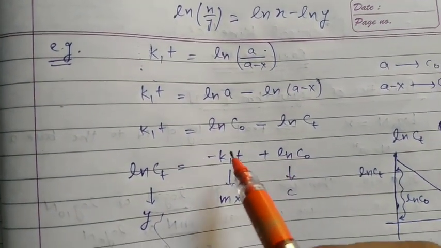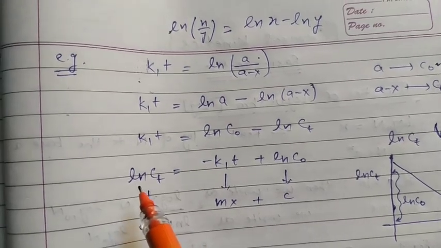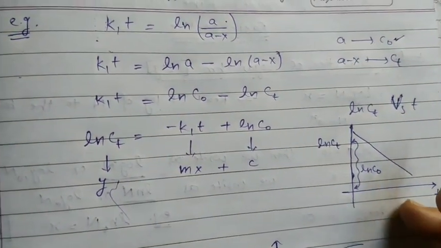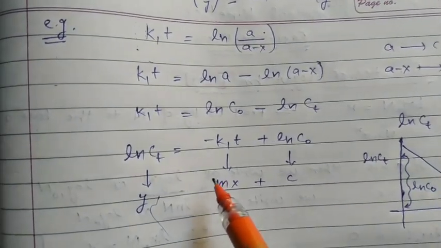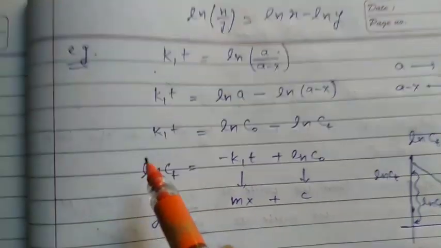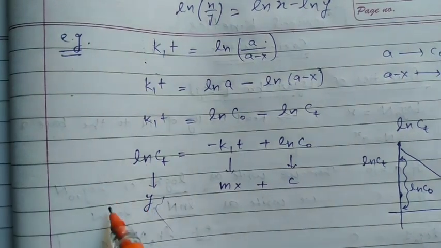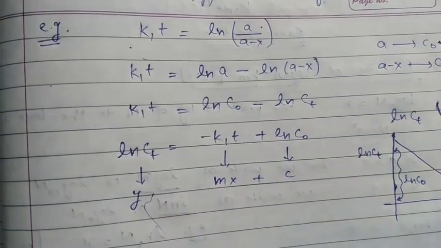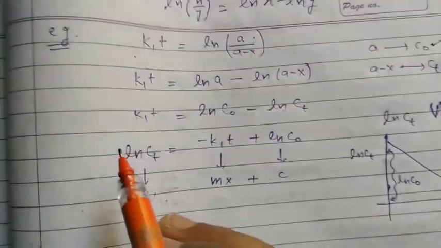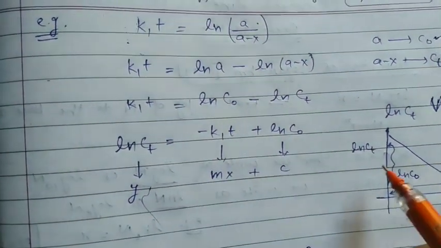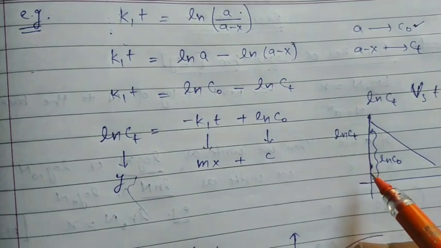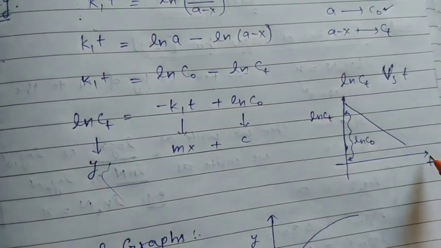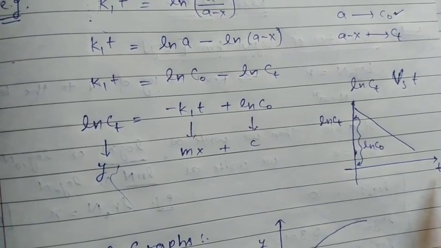Now we have to draw the graph between ln ct and t. So now we can compare this equation with the straight line equation y is equal to mx plus c. This is the value for y. ln ct will come on the y-axis, and on the x-axis we are taking the time.